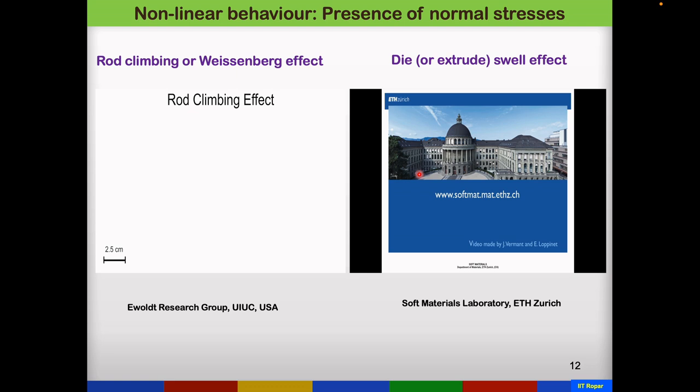But once they come out of the syringe, they will try to release themselves. They will try to go back to their initial equilibrium configurations. So as a result the fluid will swell up. This is famously called the die swell effect or extrudate swell effect, and again it is happening purely due to the presence of these normal elastic stresses associated with viscoelastic fluids.